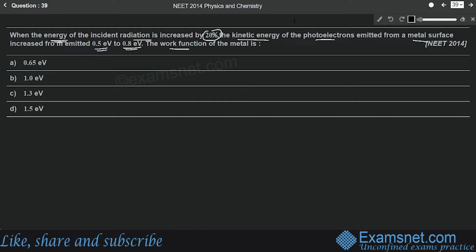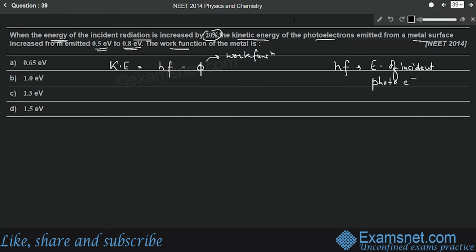The work function of the metal is? So we know that the kinetic energy of the emitted photoelectrons is equal to hf minus phi, where hf is the energy of the incident photons, and phi is the work function that we have to find out.